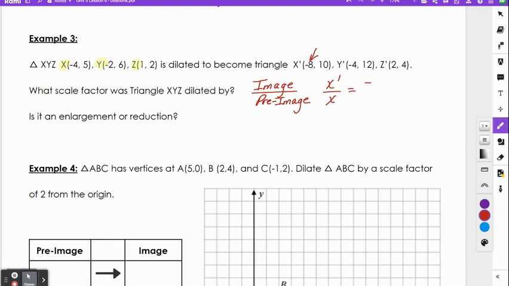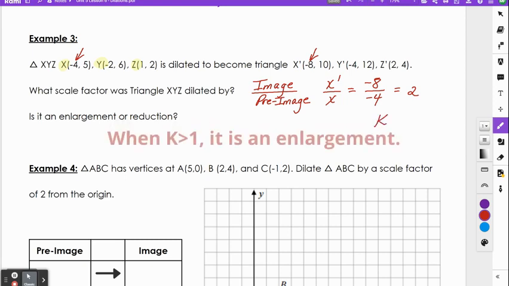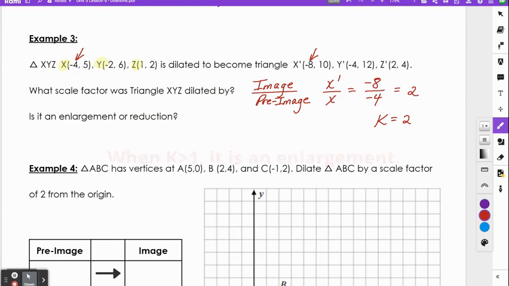So for x prime, I have negative 8, and for x, I have negative 4. And negative 8 divided by negative 4 is equal to 2. So k is equal to 2. If k is greater than 1, then we know we have an enlargement. If k is between 0 and 1, we know we have a reduction. So since k is greater than 1, we have an enlargement.